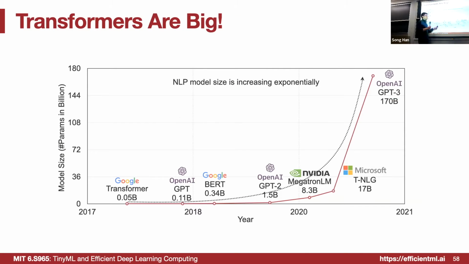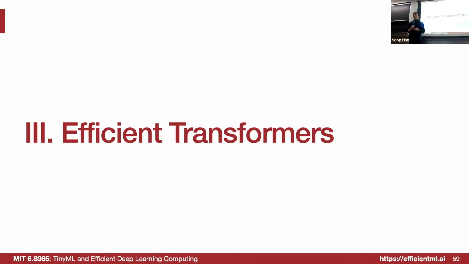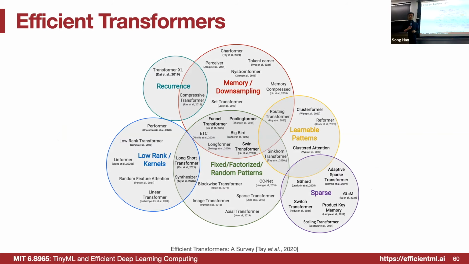Therefore, recently we have seen that these transformer models are getting super big, with large capacity for different modalities: audio, video, natural language, and images, a lot of different modalities together. The model sizes are getting pretty big, 170 billion parameters, which motivates us to build efficient techniques to make these transformers lightweight.